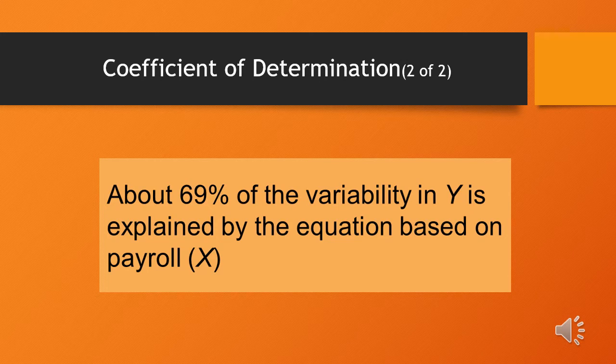The lowest possible value of R squared is 0, indicating that X explains 0% of the variability in Y. R squared can range from a low of 0 to a high of 1, and in developing regression equations, a good model will have an R squared value as close to 1 as possible.